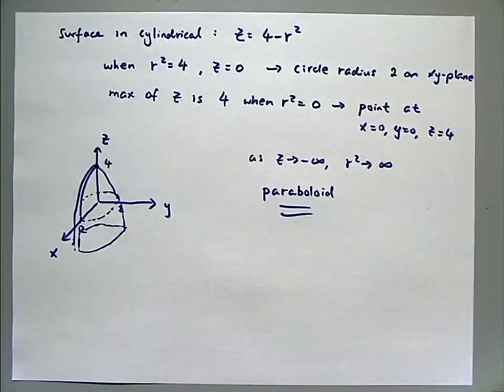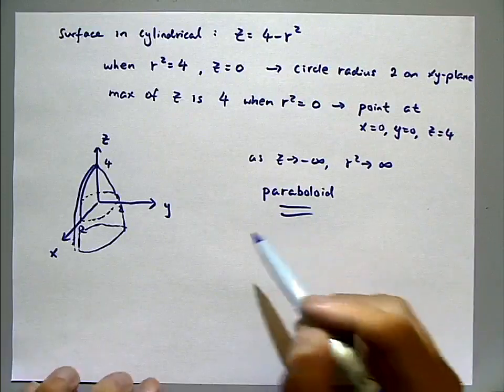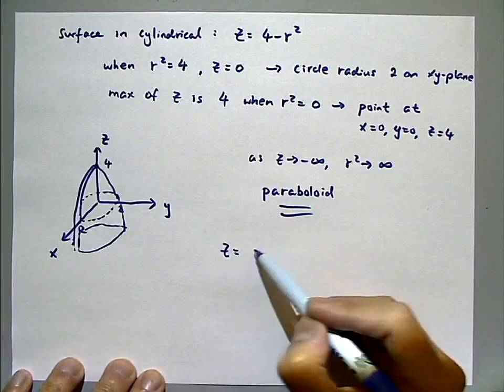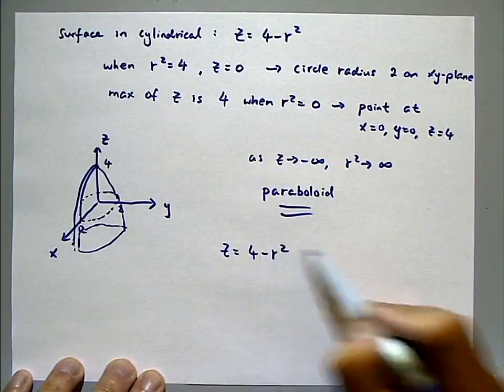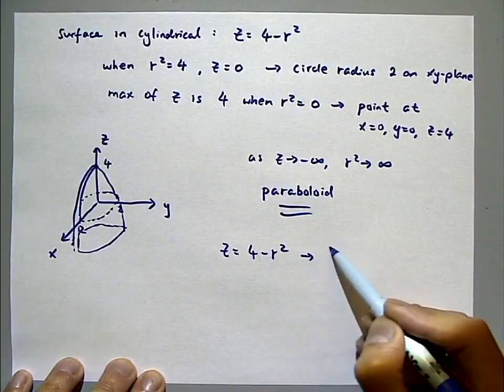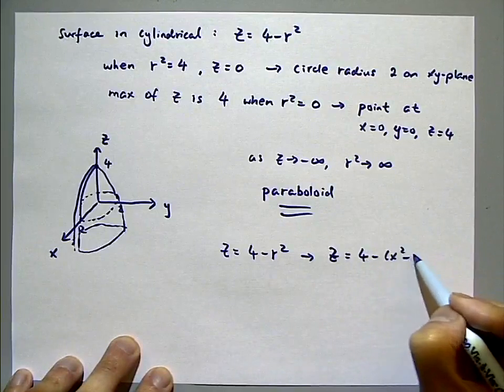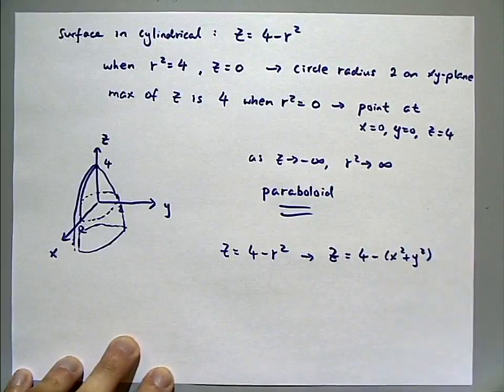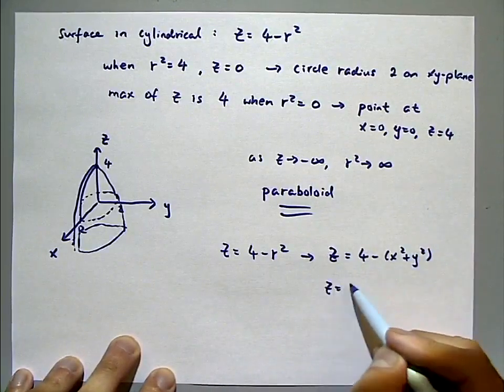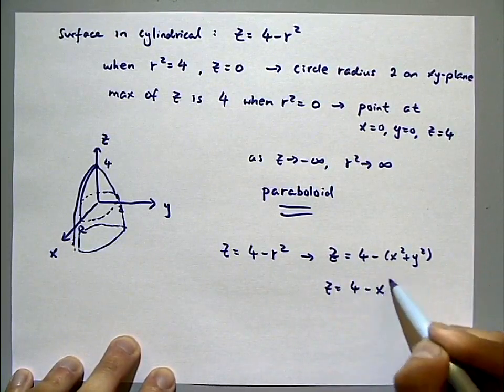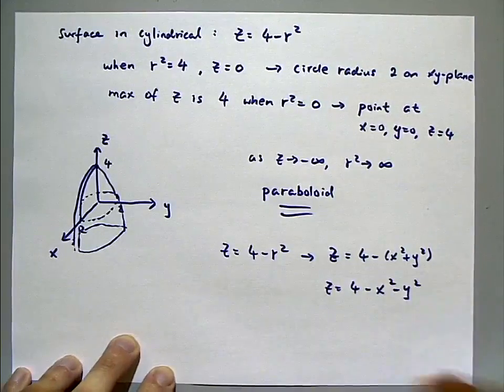Now, if you had trouble identifying that, one thing you could do is to always go back to Cartesian. R squared is x squared plus y squared. So this is 4 minus x squared minus y squared, right?